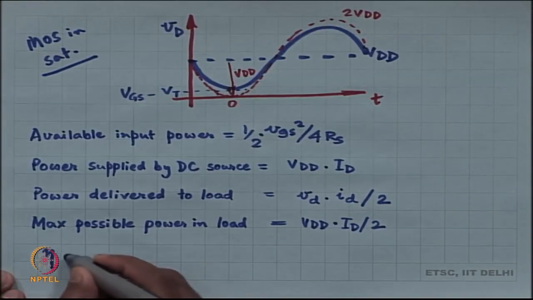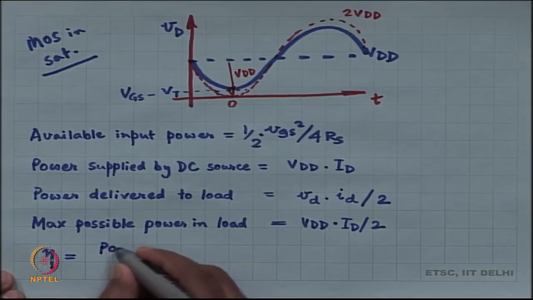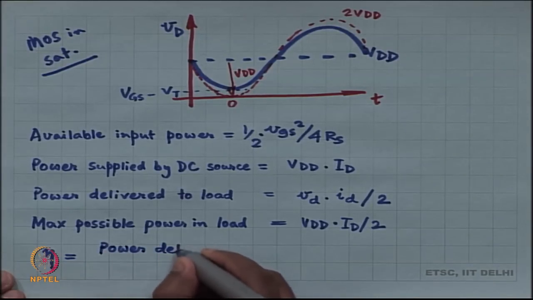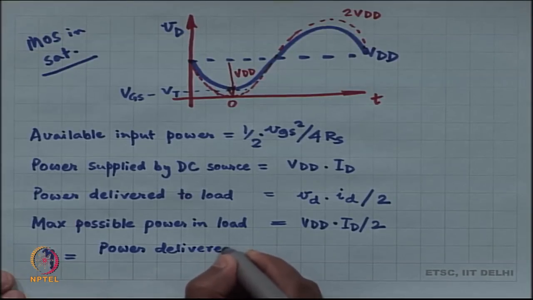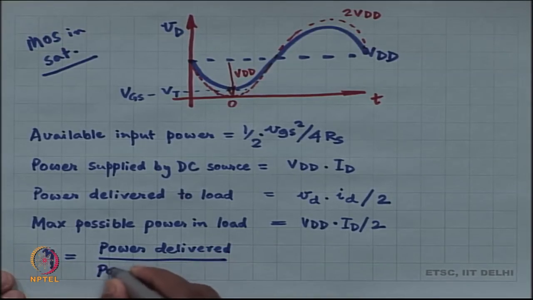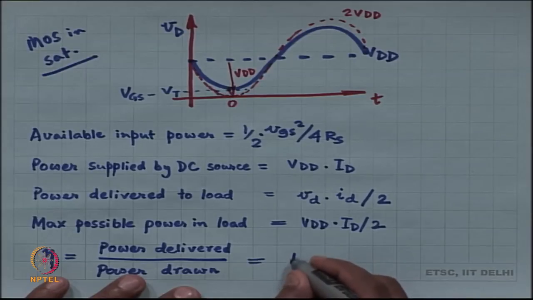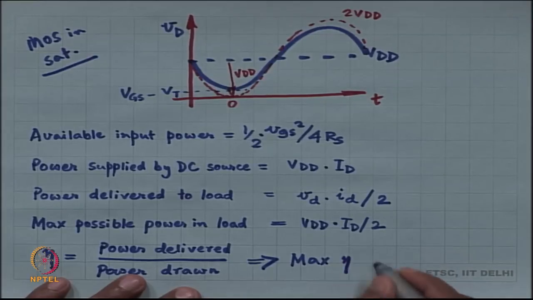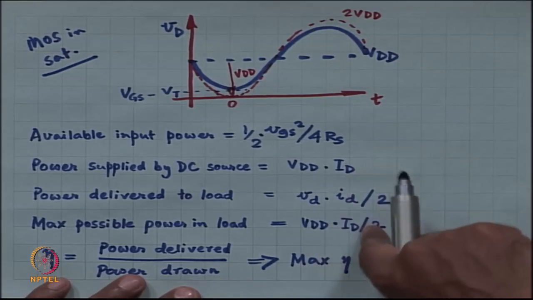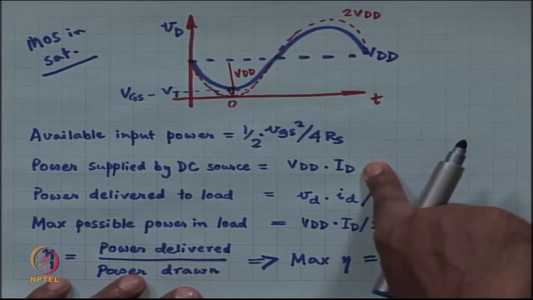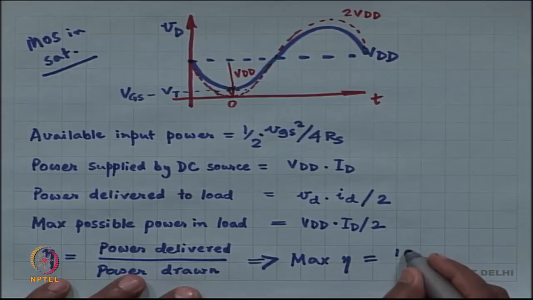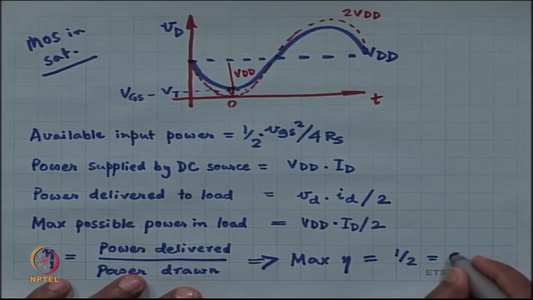So, efficiency, how much is that? Maximum efficiency is VDD ID by 2 divided by VDD ID, which is equal to half, or in other words 50%.